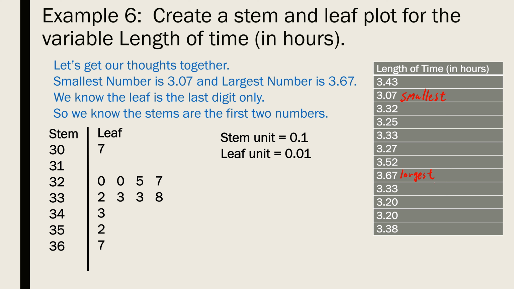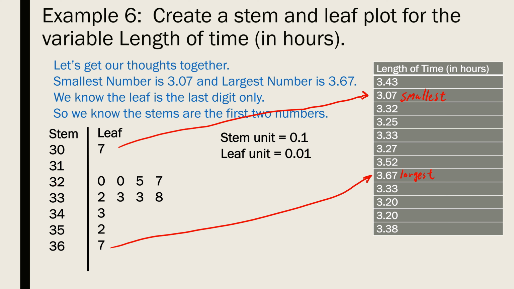We know the leaf is the last digit only, so the stems are the first 2 digits. The first line here represents the smallest number in the dataset. The last line here represents the largest number in the dataset on the right hand side.